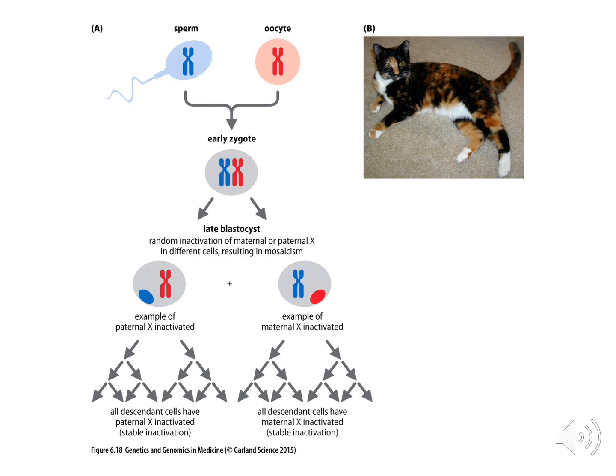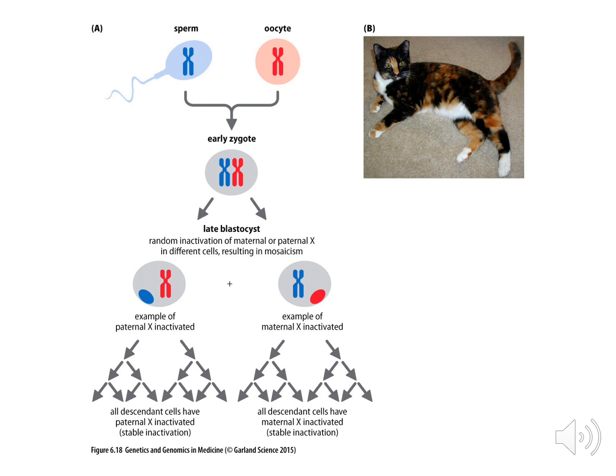The white patches are the result of an unrelated coat color gene. So in some places you get the orange, in some places you get the black, and it depends on what lineage those are derived from, and whether a particular locus was shut off or the other one was.